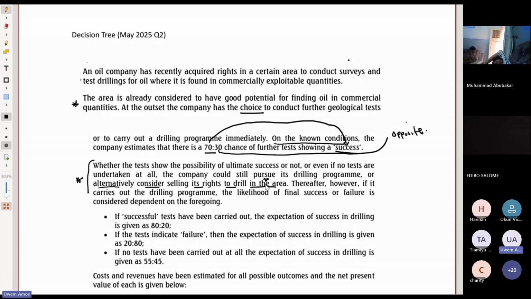Now let's pause. Can you clearly see a choice there the company has to make? Pause and look at it again. There's a choice there.